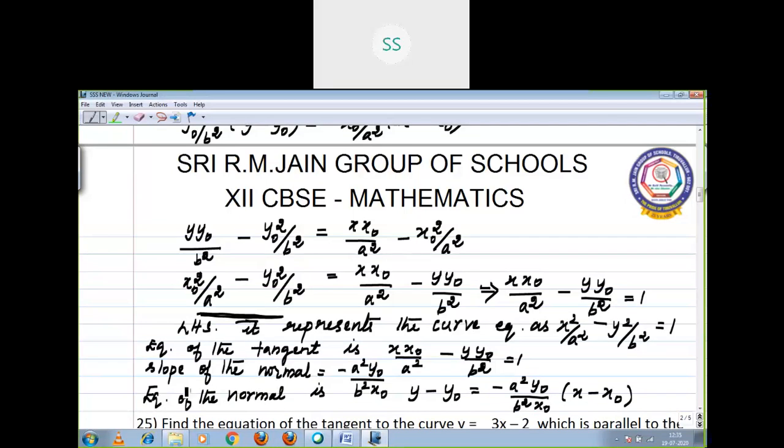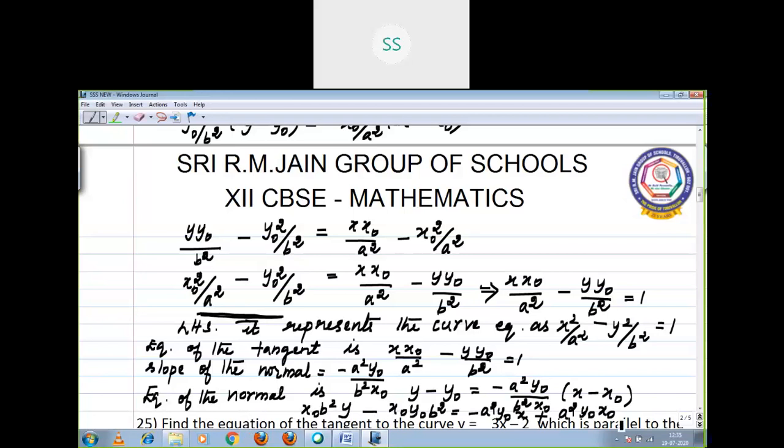You have to cross multiply and modify the equation, right? What is it? x naught b square y minus x naught y naught b square equal to minus a square y naught x, minus into minus plus a square y naught x naught, right?